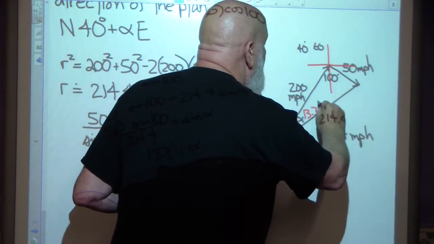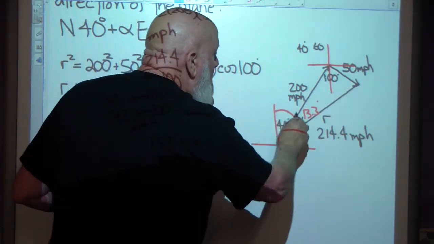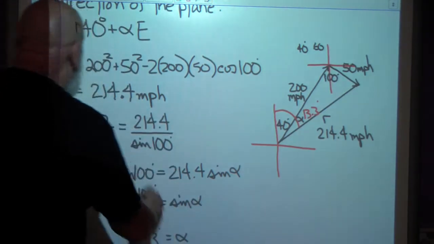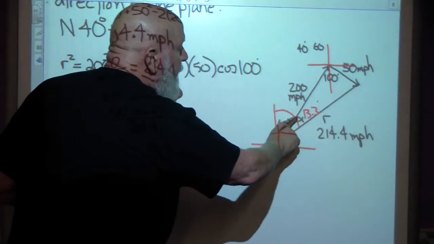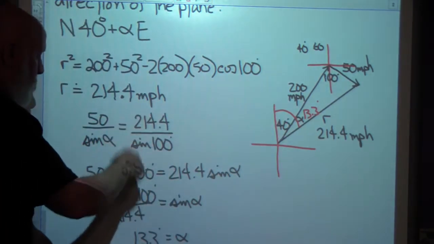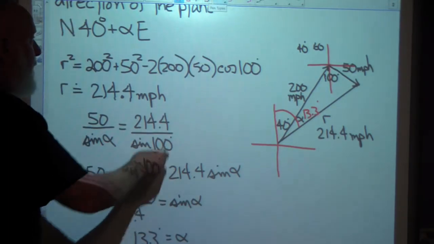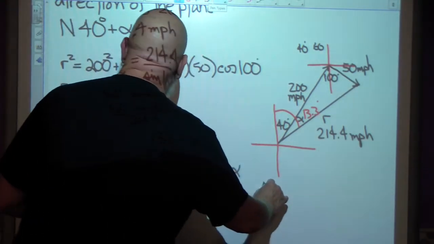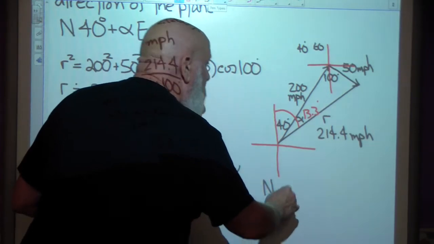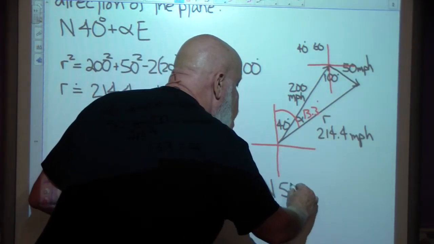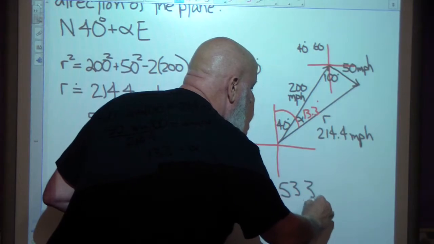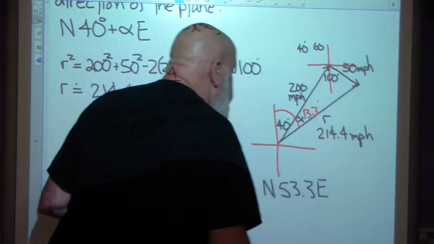So the direction I'm moving is 40 plus 13.3. I'm going to rotate 40 degrees and then another 13.3 due to the wind. So my direction is north 53.3 degrees east. That'll be the direction I'm moving.